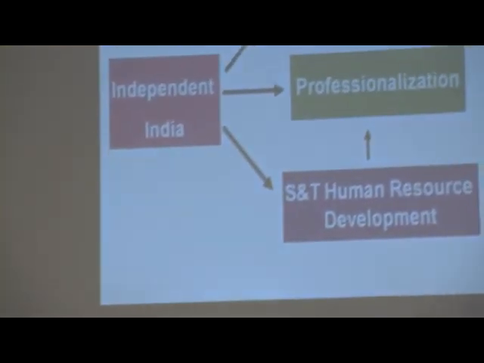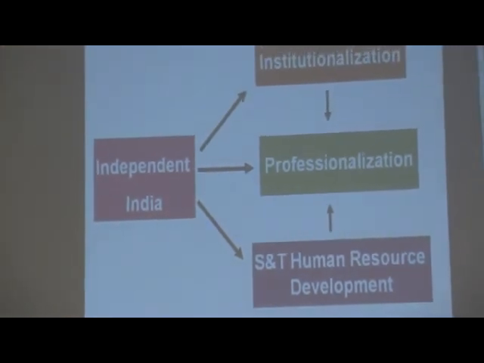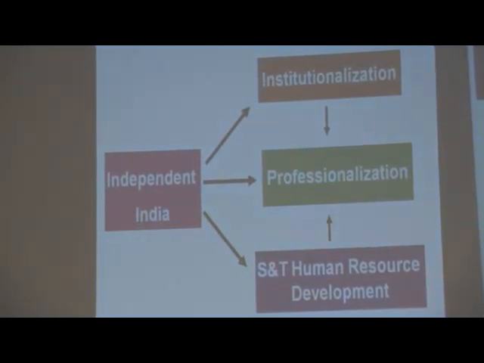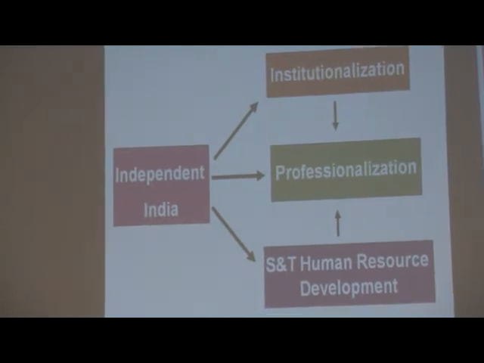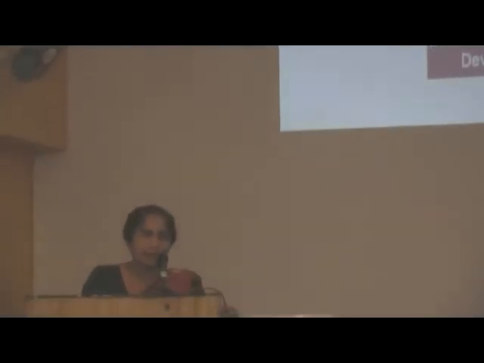In independent India, I must say, they had a long mission, and they have correctly identified the three theorems of science policy: institutionalization, professionalization, and essentially human resource development. Institutionalization means you have to establish institutions with all facilities, all equipment, and knowledge base. That means scientists.